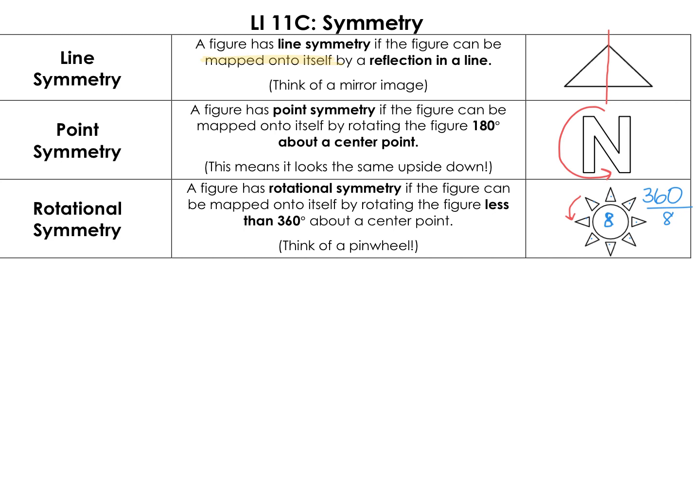So it has rotational symmetry every 45 degrees. Every 45 degrees it looks the same, or it maps onto itself. So you'll take the full circle and divide by how many times it would hit and map onto itself. Okay, so every 45 degrees is what we said, so that would happen 8 times.